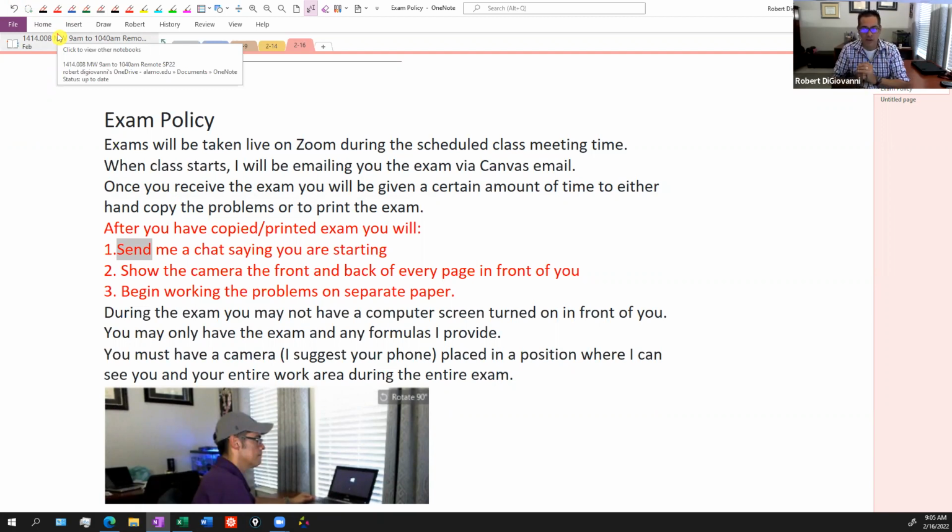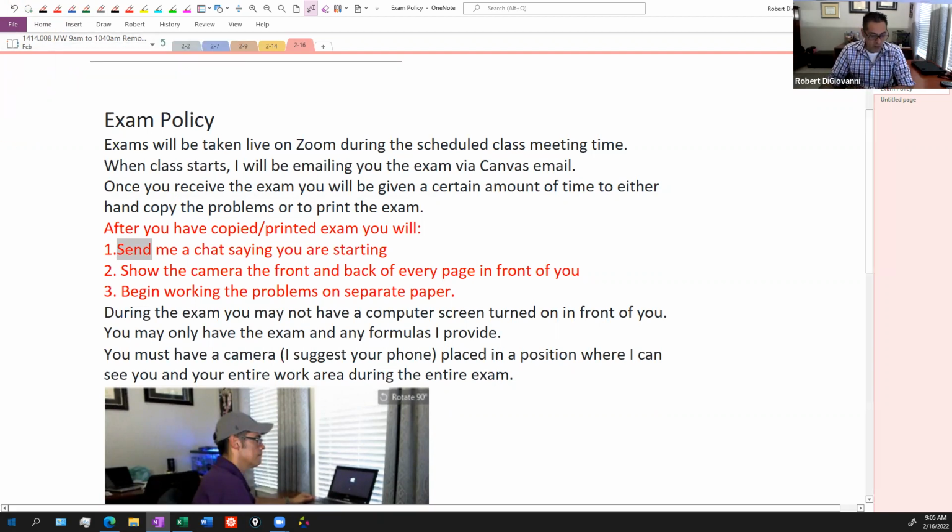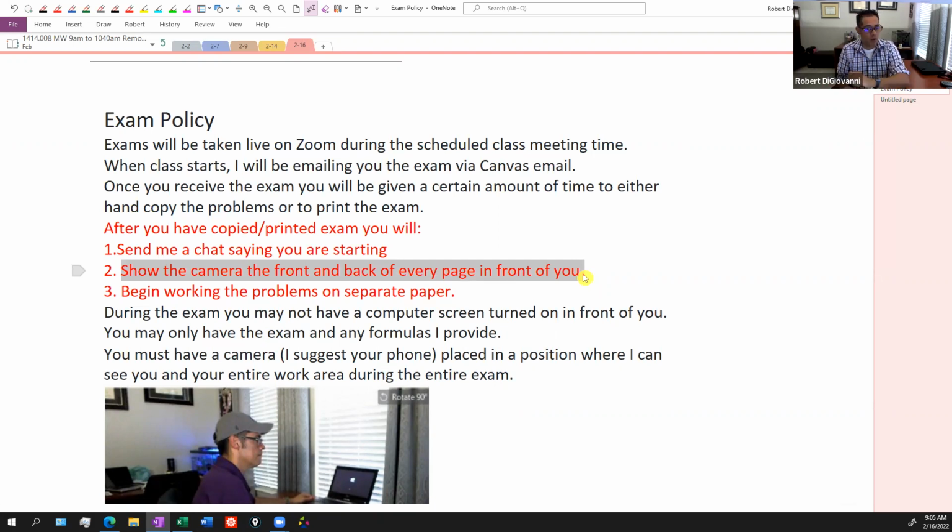That lets me know that what I see on your camera is you taking the test at that point. After you send me that chat, you're going to show the camera the front and back of every page you have in front of you. The only thing you should have on your desk when you come on Monday is blank paper, blank pages so you can do your work.